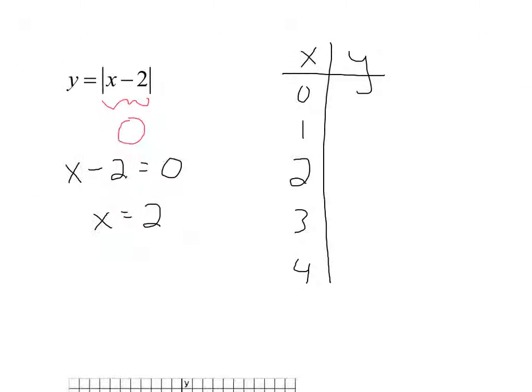So now we'll go ahead and do the math. I'm going to replace x with 0 in this equation. So I have 0 minus 2, which is -2, and then I need to find the absolute value of -2, which is 2. When I put 1 in that equation, I get the absolute value of 1 minus 2.